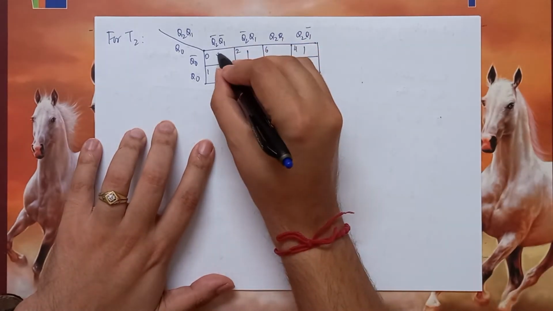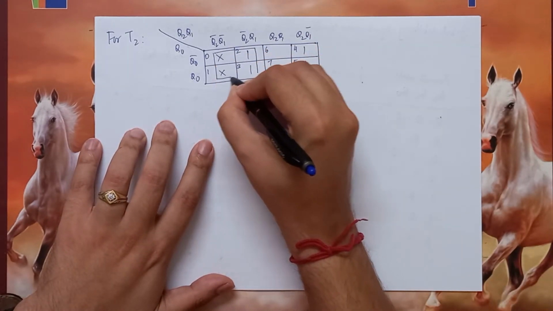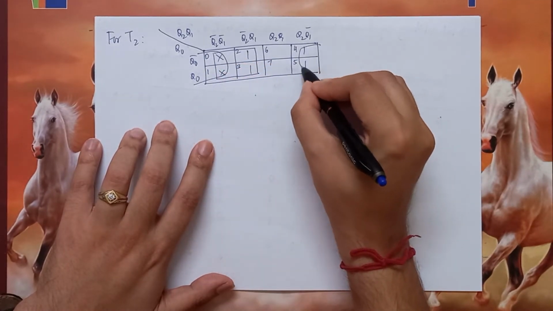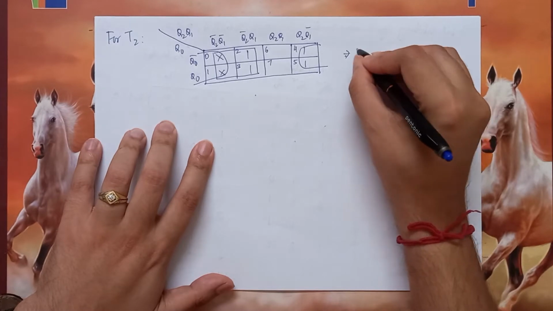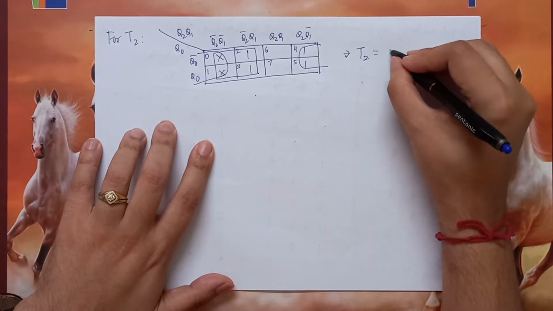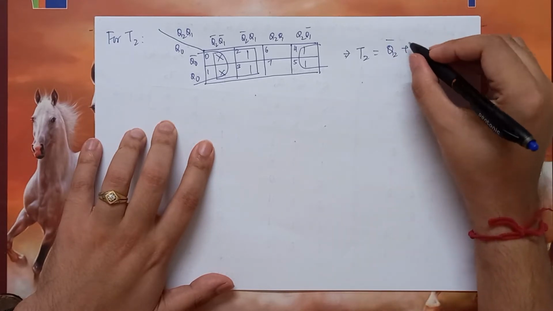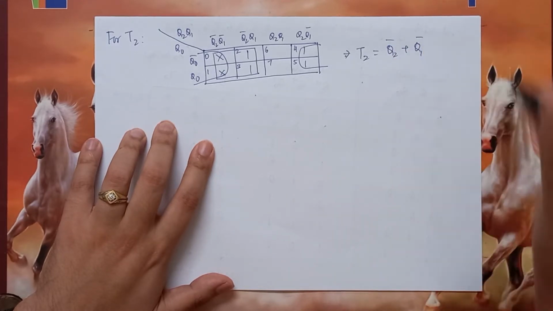So therefore we can make a group of 4 this way. We can make another group of 4 this way around the edge. So that means T2 is equal to Q2 bar plus Q1 bar.